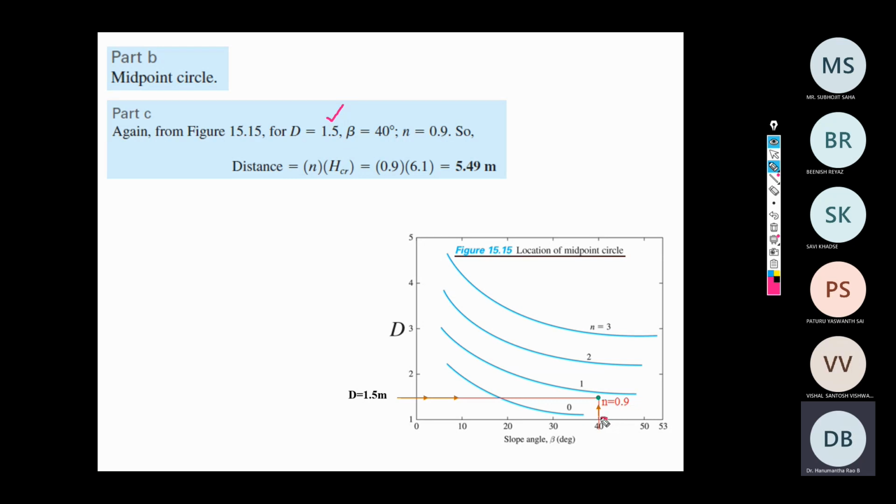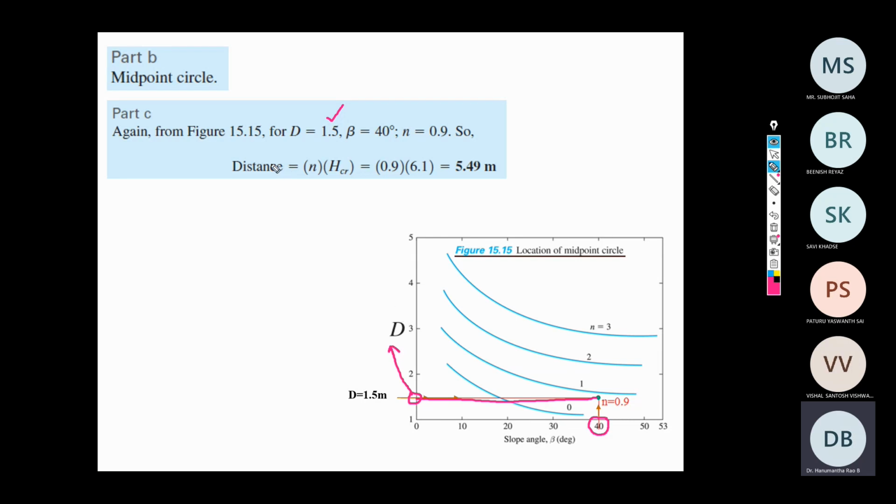Now I know the slope angle, beta is equal to 40, and I need to know the value of n. So n is given as 0.9. But for 0.9 we don't have any predefined curve. So you need to interpolate between 0 and 1. So corresponding to n equal to 0.9, try to interpolate, and from there draw a horizontal line onto the ordinate, which would give you the value of d.